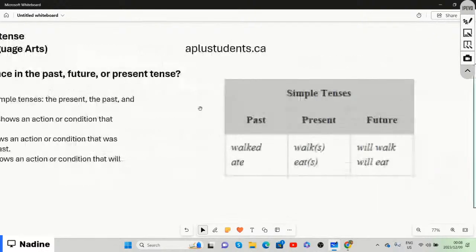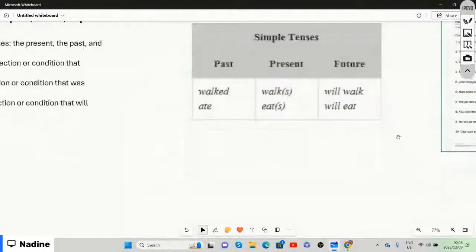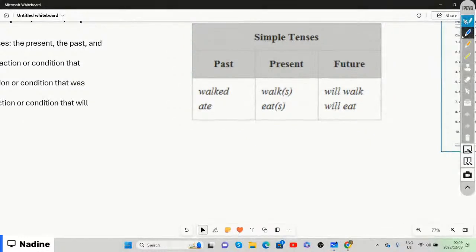When it comes to the simple tenses, we said, for example, in the past, the person walked. But before we go to the past, the present is something that happens or occurs now.